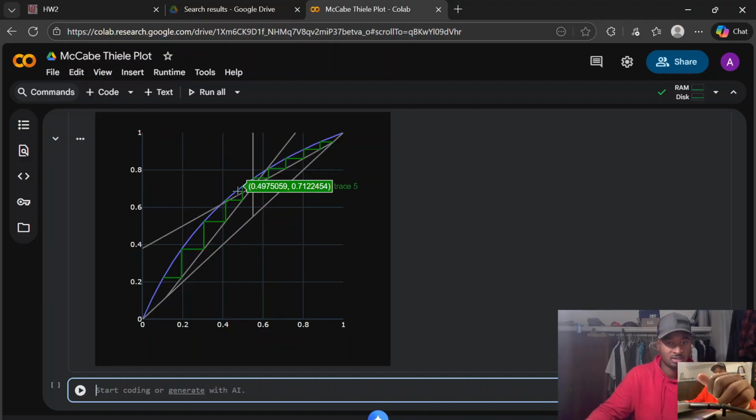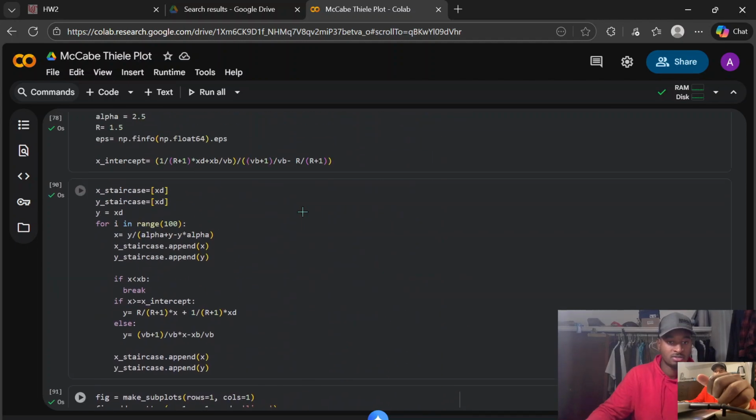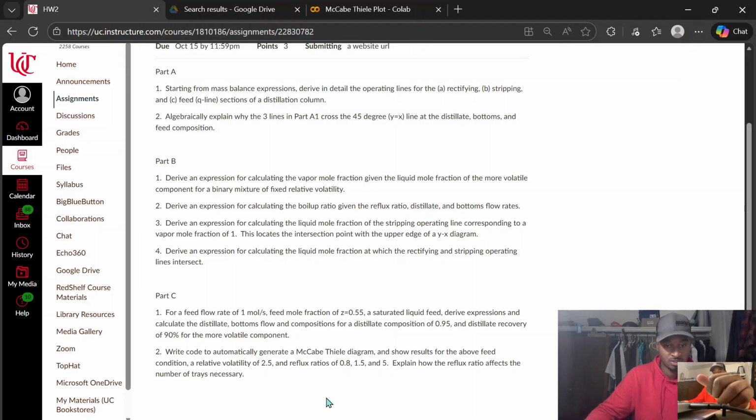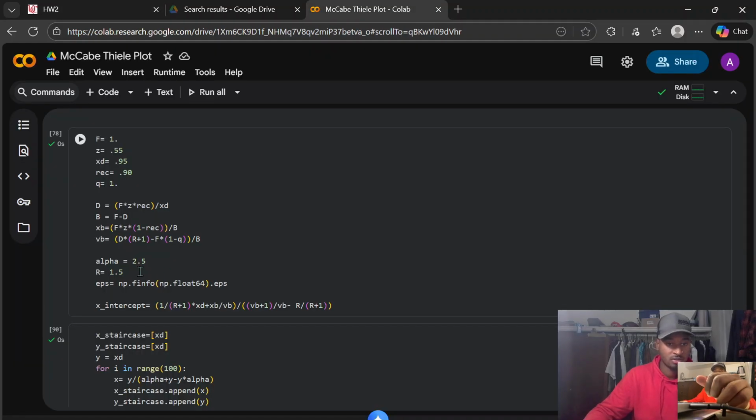showcasing the steps and the amount of trays needed in this distillation column to get said 0.95 distillate purity. Next we'll mess around with this reflux ratio to see how many trays we'll need for this column.